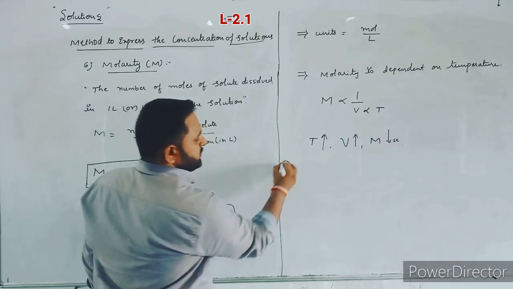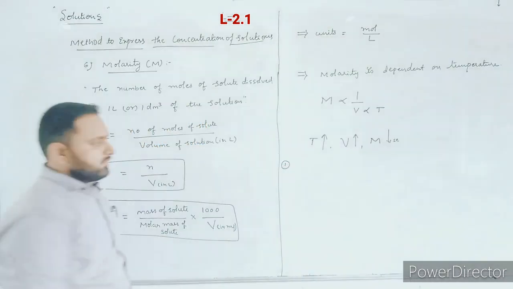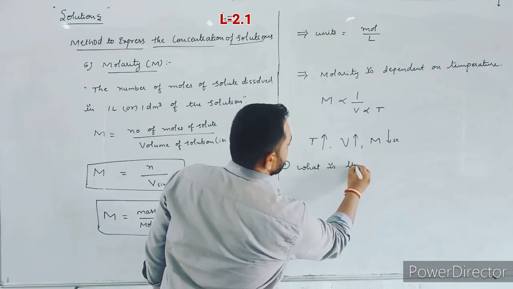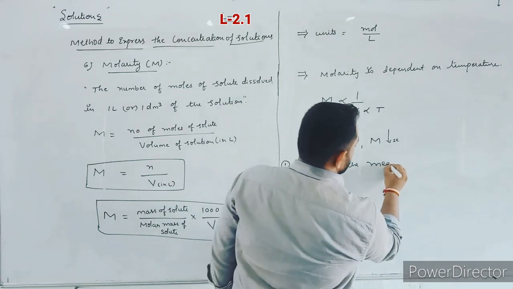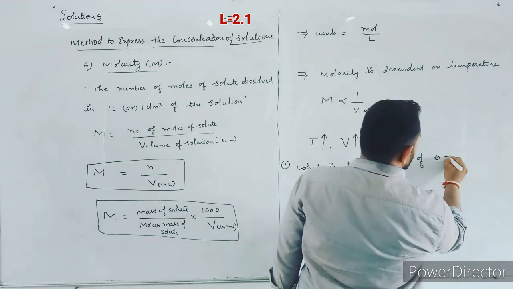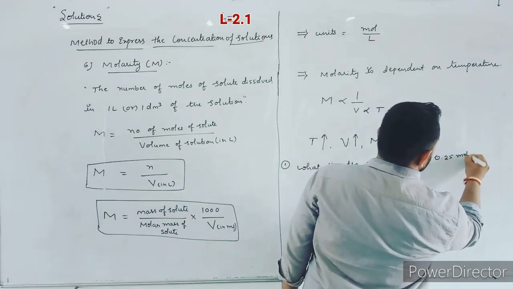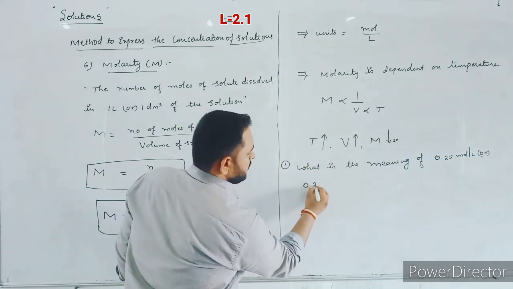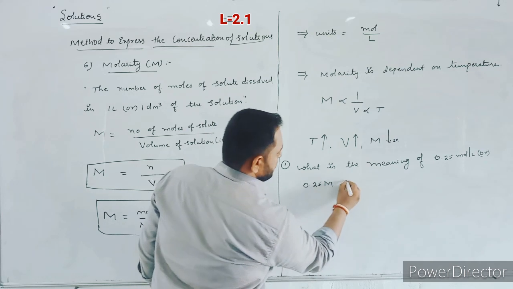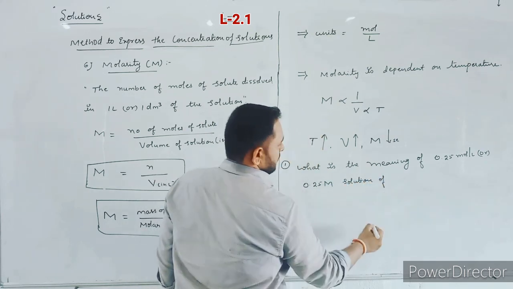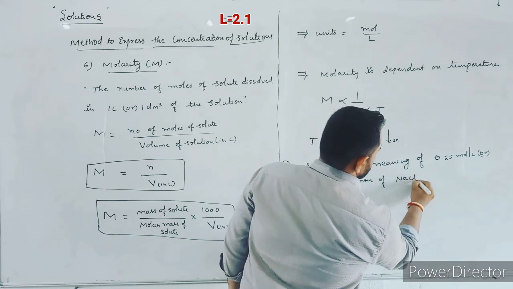Next let us solve one question here. What is the meaning of 0.25 mole per liter, or 0.25 molarity solution of sodium chloride?